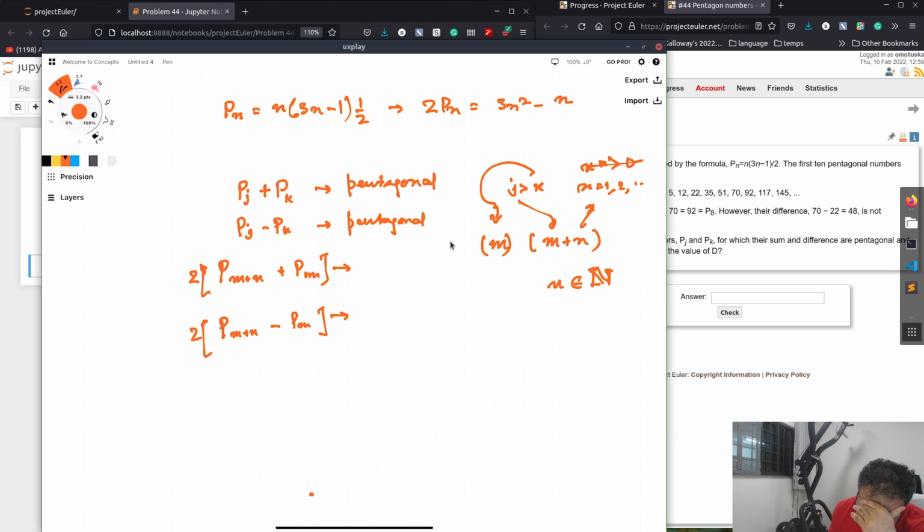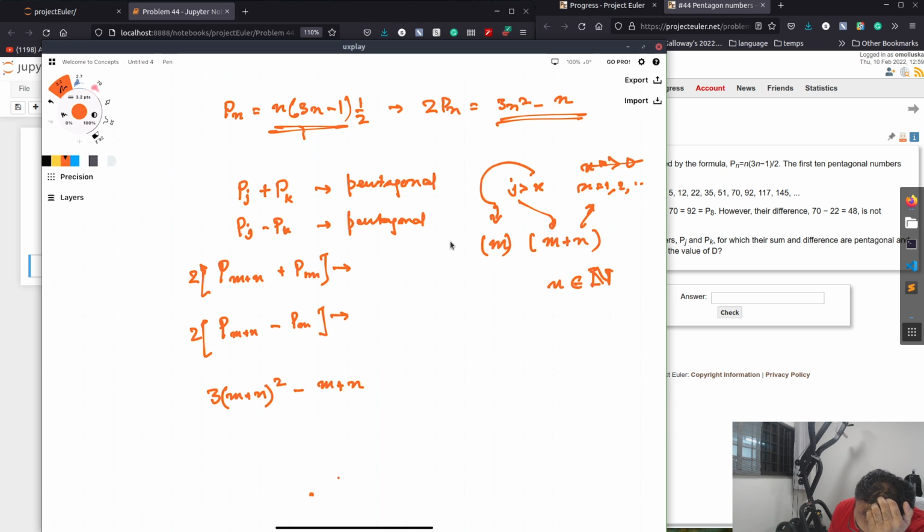So P(m plus n) is what we are looking at: 3 times (m plus n) squared minus (m plus n).